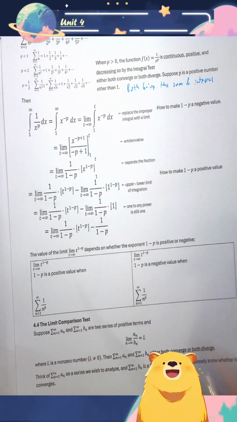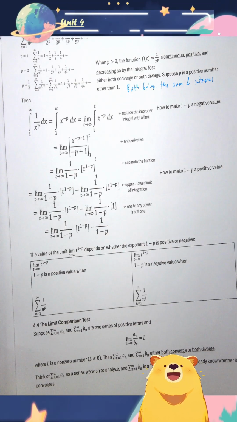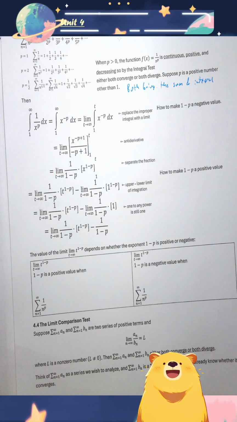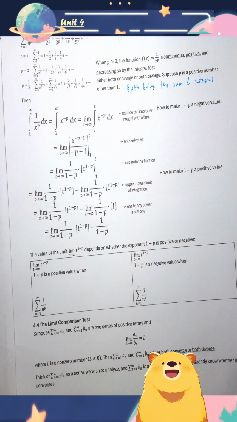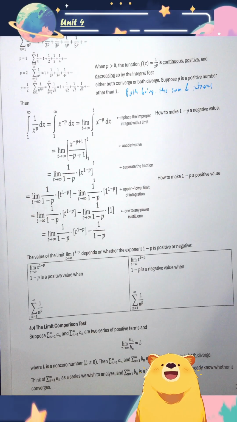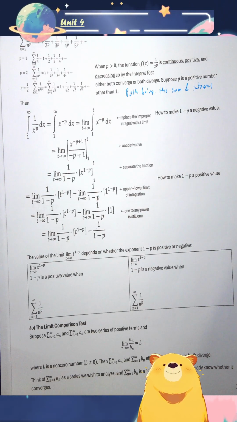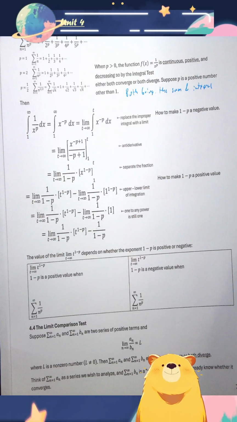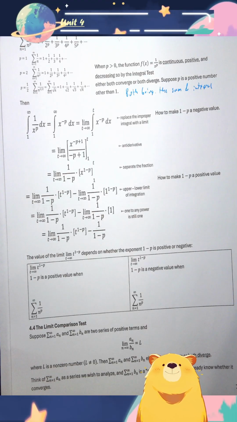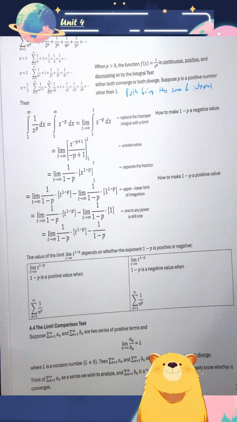We know that when we have a variable x and it has a positive power, then it will go towards infinity. However, if it has a negative power, it's written as 1 over that positive version of that power, and therefore that becomes bottom heavy, and that goes to 0.